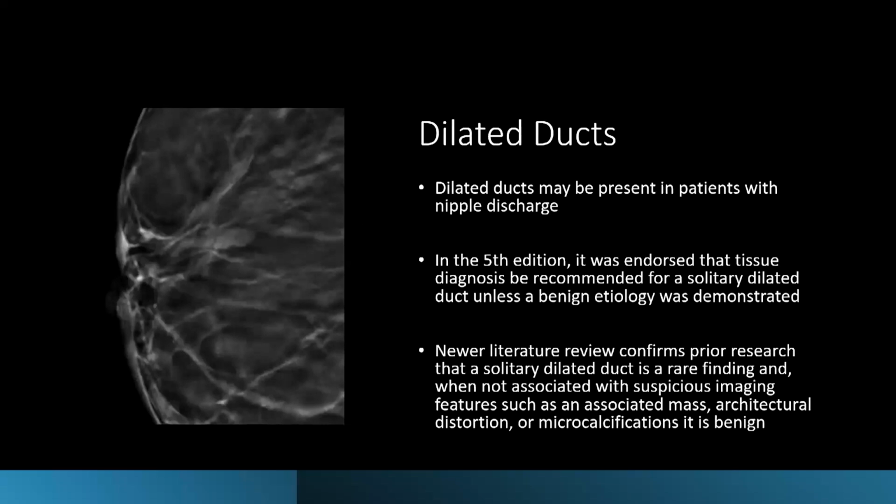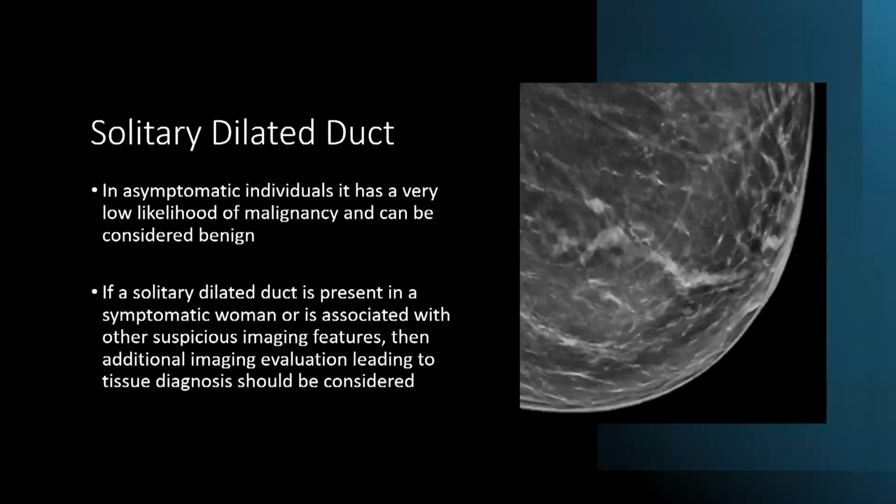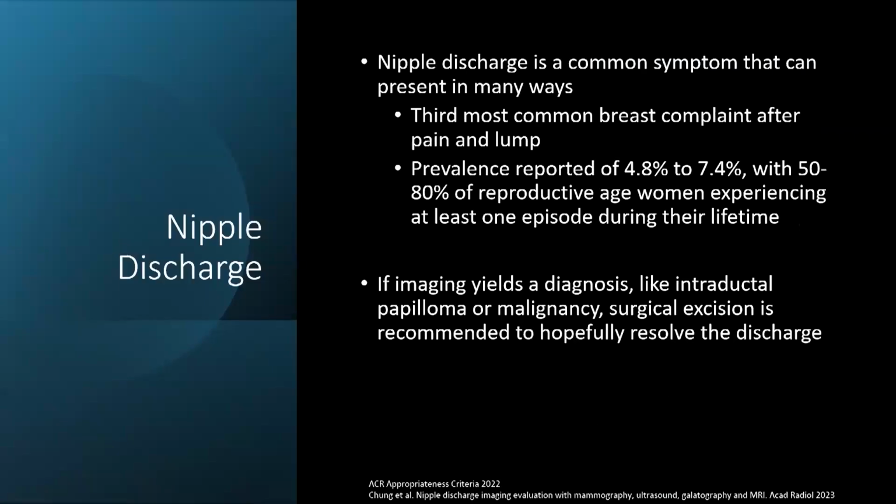And if it's not associated with any suspicious imaging features like an associated mass or architectural distortion or microcalcifications, it is benign. So if the patient's a screening, it's a very low likelihood of malignancy and can be considered benign. But if the patient comes in with bloody discharge or clear discharge or other suspicious imaging findings, then you may want to do a tissue diagnosis of this dilated duct.